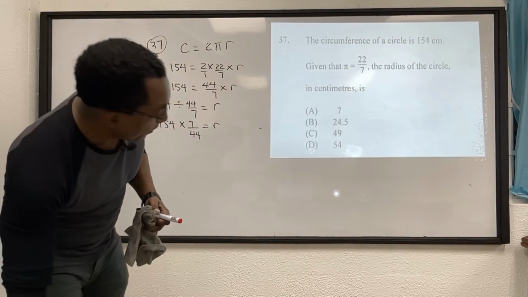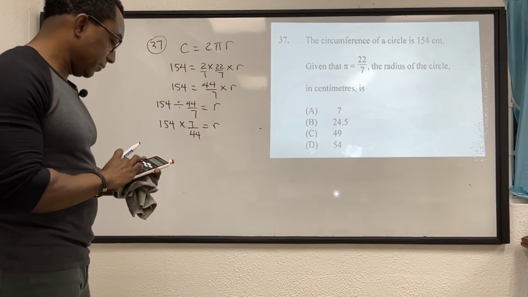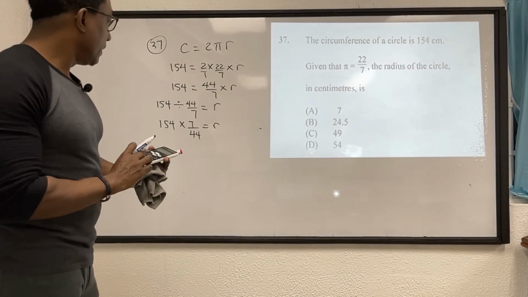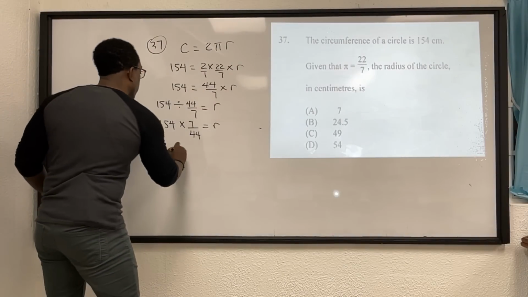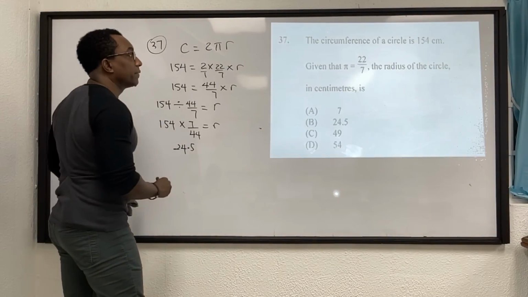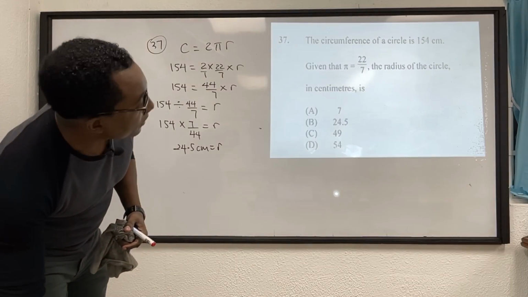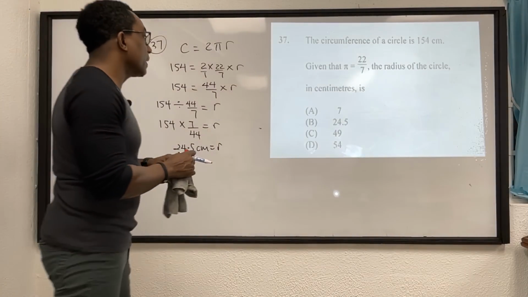When we work that out, what are we going to get? We can simply say 154 by 7 will give us 1078 divided by 44, and we should have gotten 24.5 centimeters will be equal to the radius of that circle. Yeah, whose answer there is B.